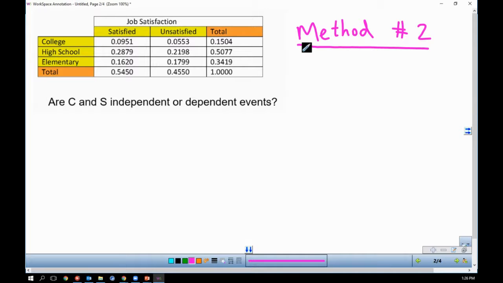Okay, so for this one, let's pull all the probabilities that we'll need to work with from the table. What's the probability that they are a college teacher? 0.1504.